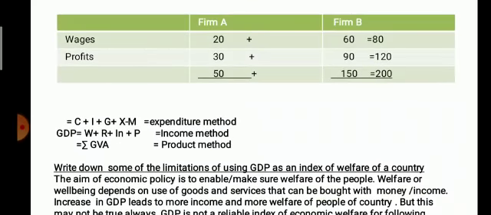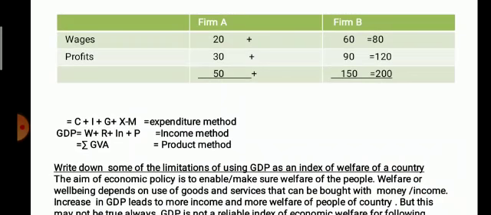So the same is shown in the chart here. You see wages and profit in the first column. Second column you see firm A. Wages given by firm A is how much? 20, plus profits of firm A is 30. So when you add 20 plus 30 you get 50 as a total output. Then firm B in the third column: wages given by firm B is 60 and profits kept by firm B is 90.